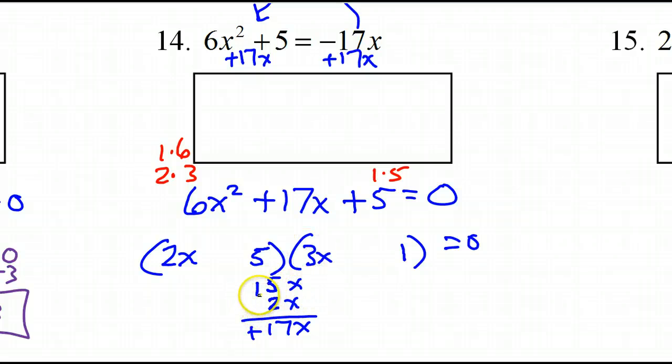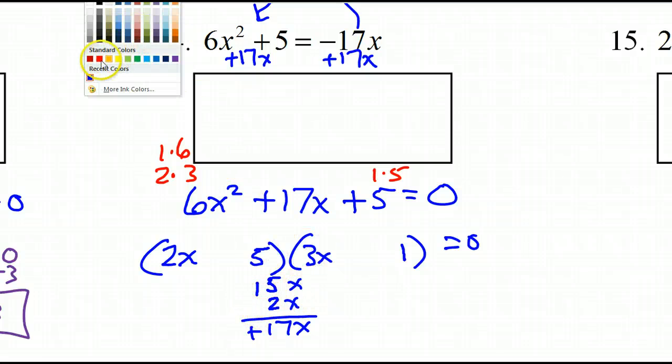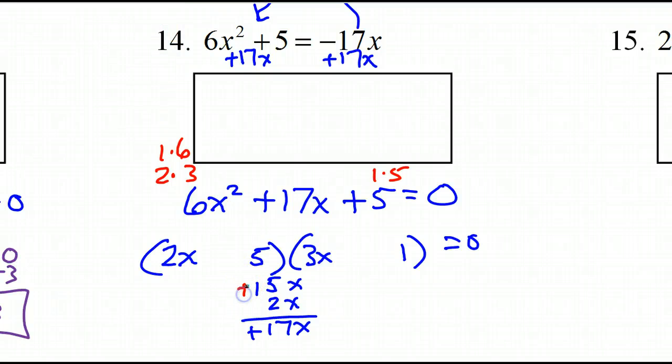This is looking promising. I could make 17 out of these if they were both positive. That would mean these would have to both be positive. Would that make positive 5? Yep. Positive 5 times positive 1 is positive 5. So this is the correct factorization.